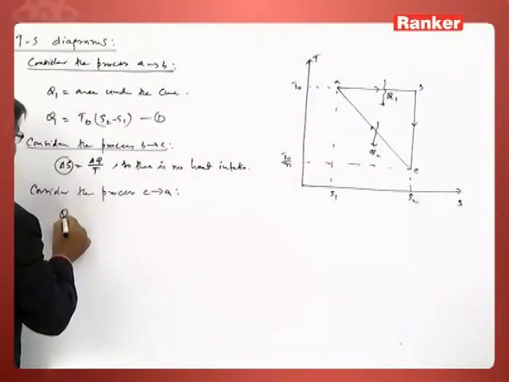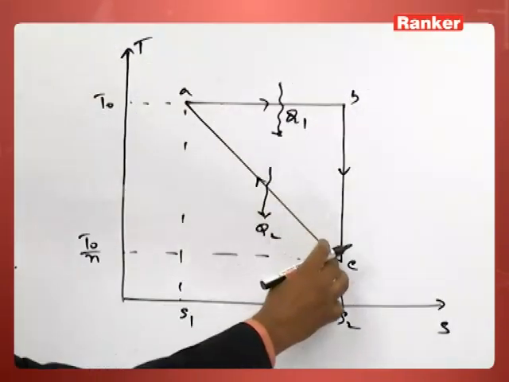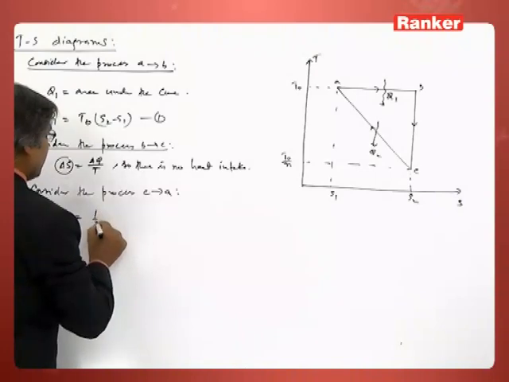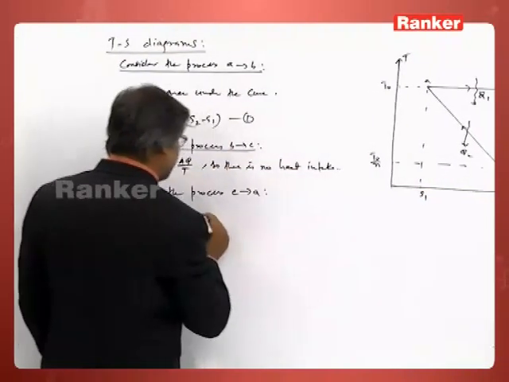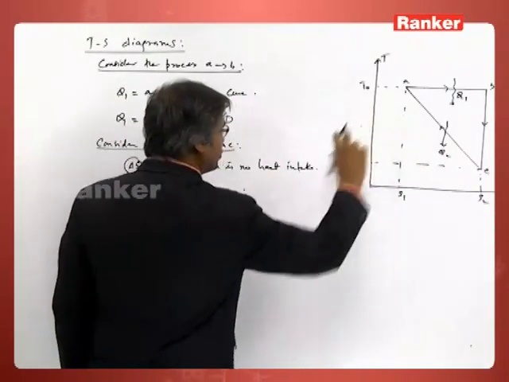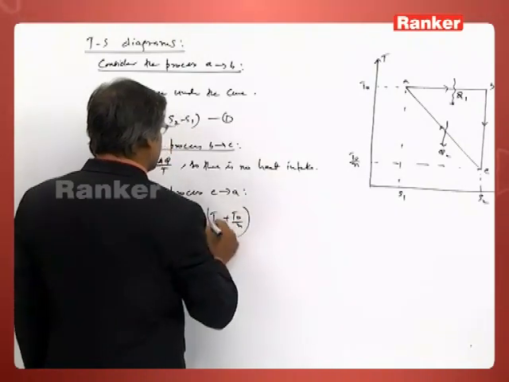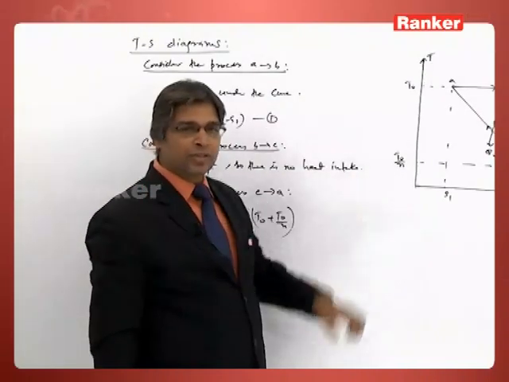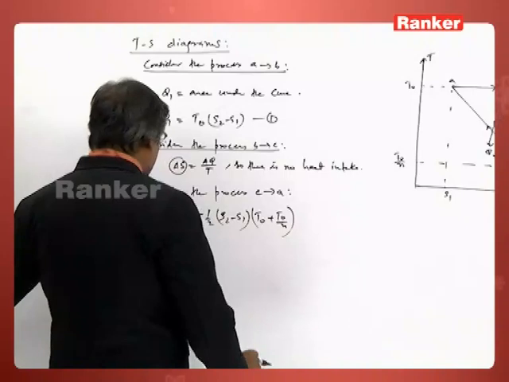The heat going out of the system is the area under this curve, that is this trapezium, given by half into S2 minus S1 into the sum of T naught plus T naught by N. This is minus because this heat goes out of the system.